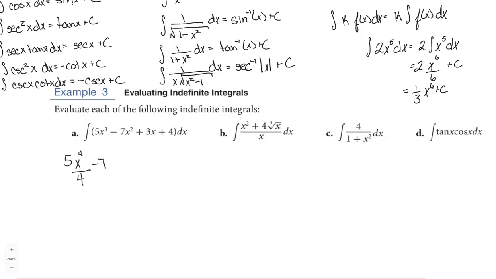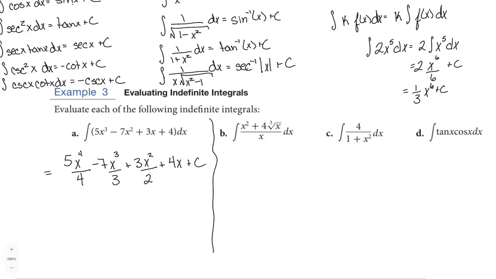Same thing here. Pull that -7 off to the side. I'm going to add 1 to the exponent, divide by the new exponent. Pull that 3 over. Add 1 to the exponent, divide by the new exponent. And then when I integrate a constant, it's going to be the constant times x, and then plus c. So there's my antiderivative for that function.